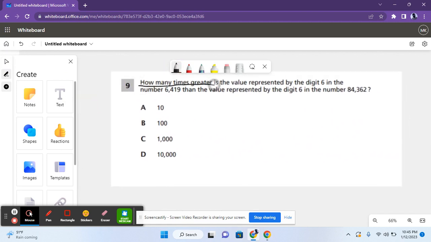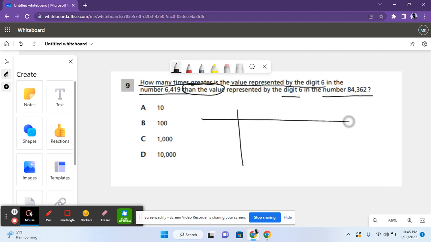How many times greater is the value represented by the digit 6 in the number 6,419 than the value represented by the digit 6 in the number 84,362? So let's separate these numbers.